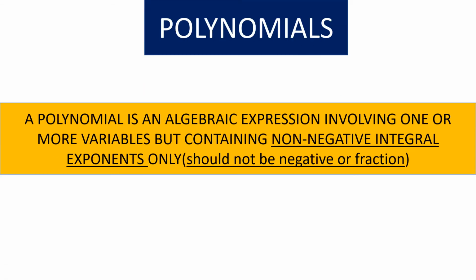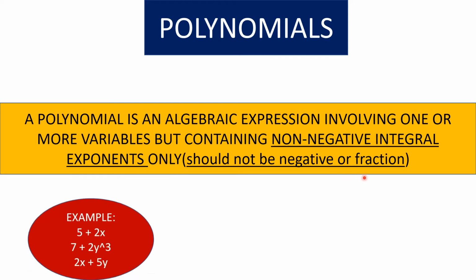Now let us see what is a polynomial. A polynomial is an algebraic expression involving one or more variables but containing non-negative integral exponents. That is, the power of the variable should not be negative or fraction.